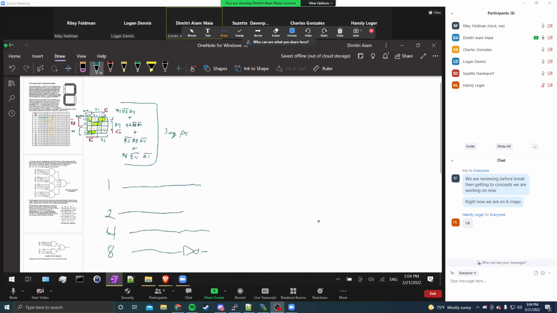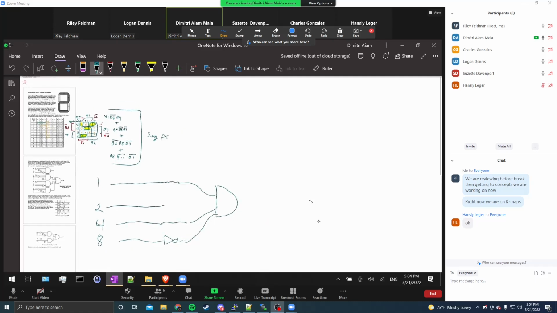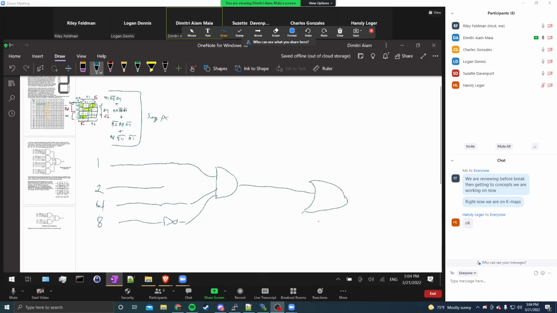So they all continue, and they're all ANDed. Is that the AND gate? And then we have an OR. They're all ORed. And then OR.